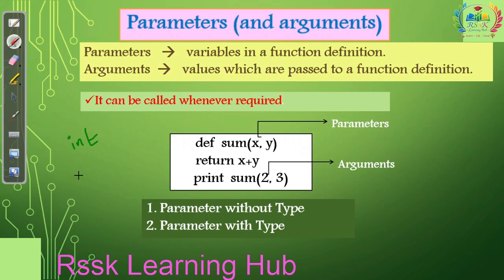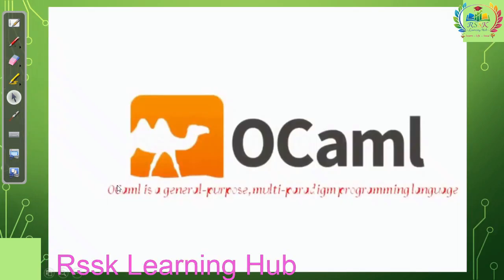Integer means 1, 2, 3, 4 and so on. If you want a name, it should be represented in character. That data type is char. For getting a number you have to use integer. For getting a name, that is alphabets, it should be represented as character.